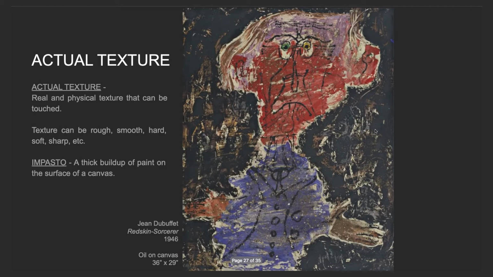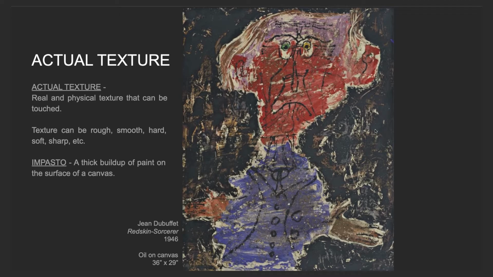Texture and pattern. Actual texture is texture you can touch, such as a rough sculpture, or any object in the real world. But on a canvas, actual texture might only be touching the texture of the paint. So that thick paint is called impasto.